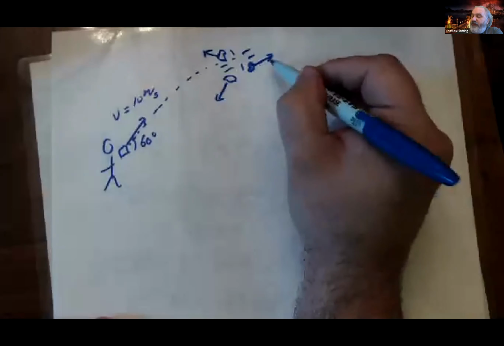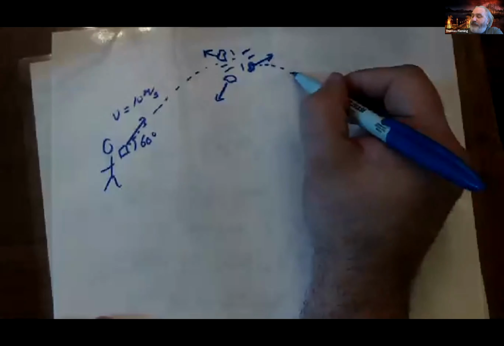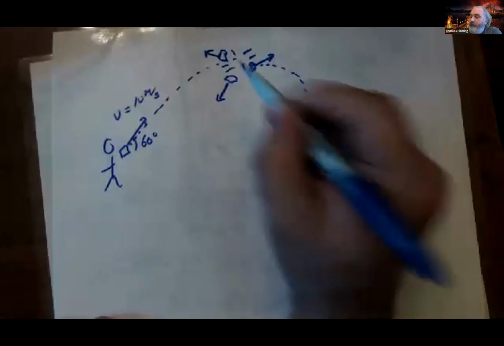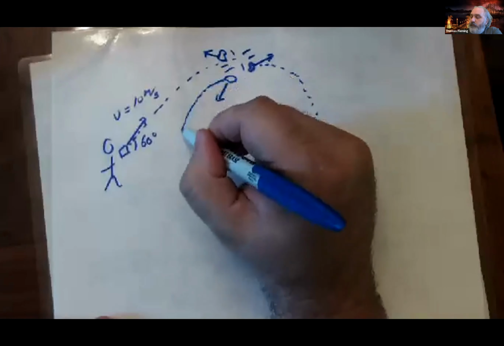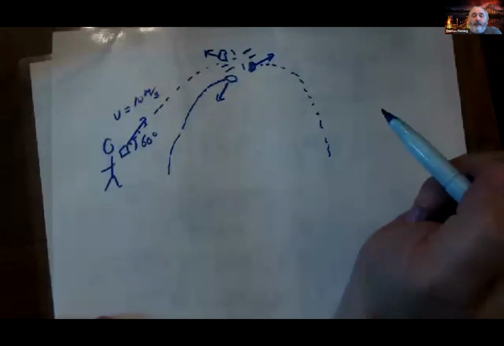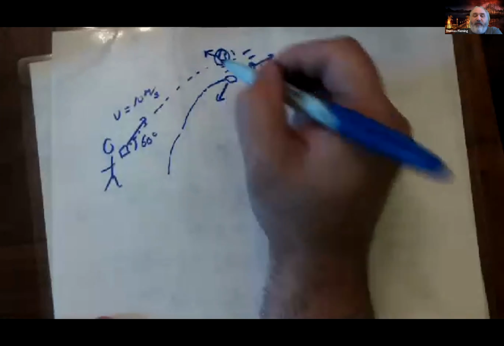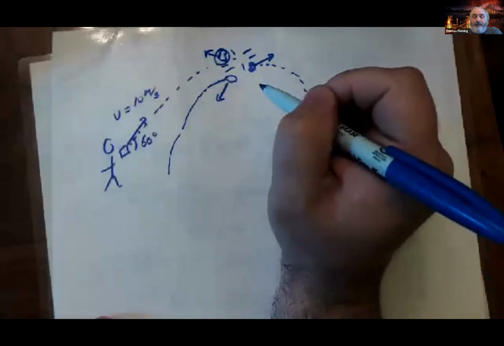And so what's going to happen is these pieces here, after the explosion, land in some location. But I'd like to find this piece right here. I'm not sure where it landed.